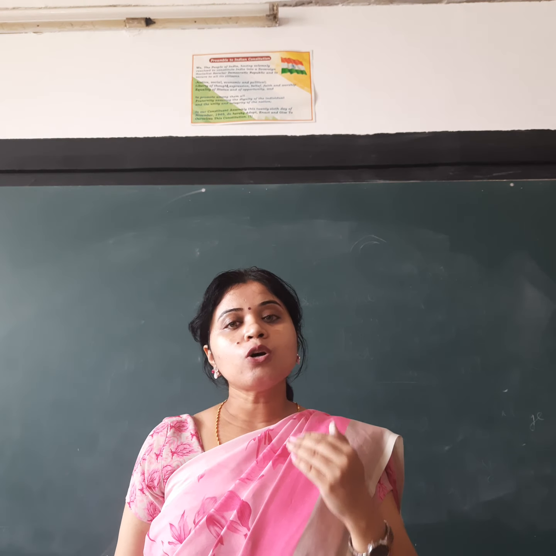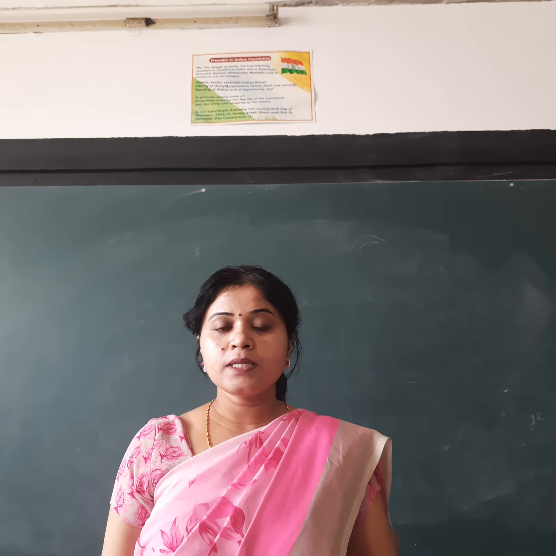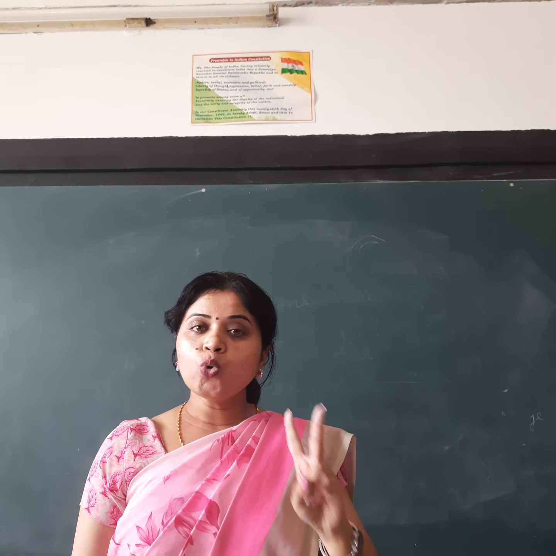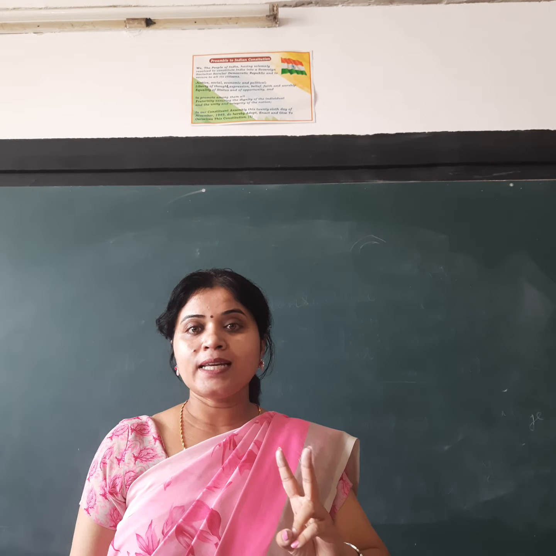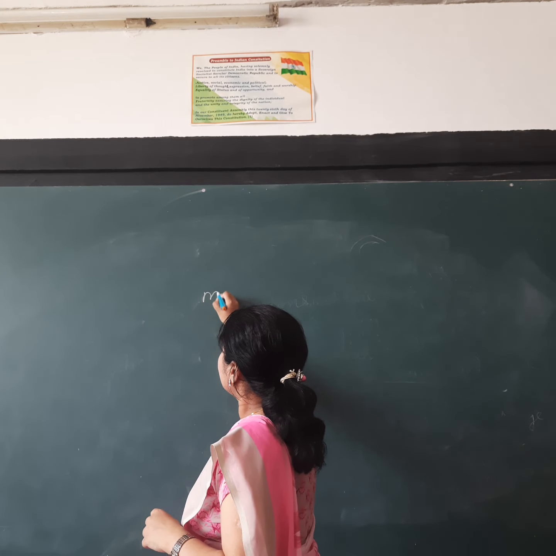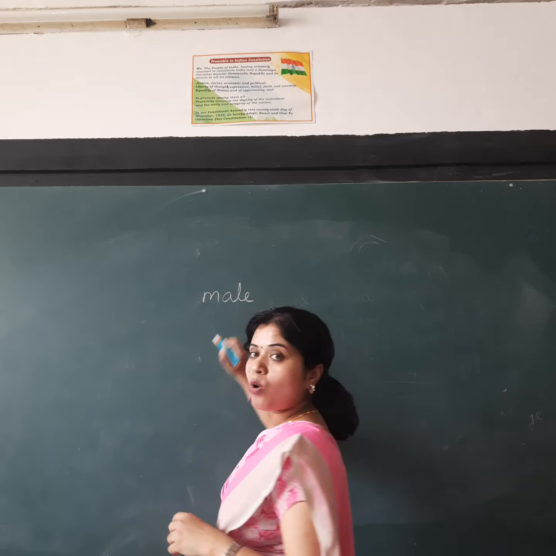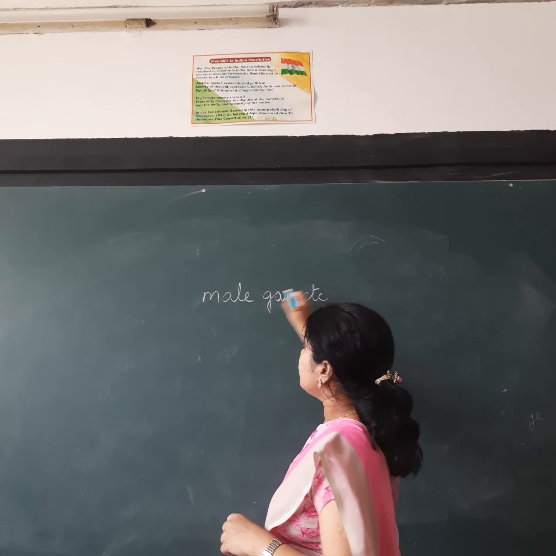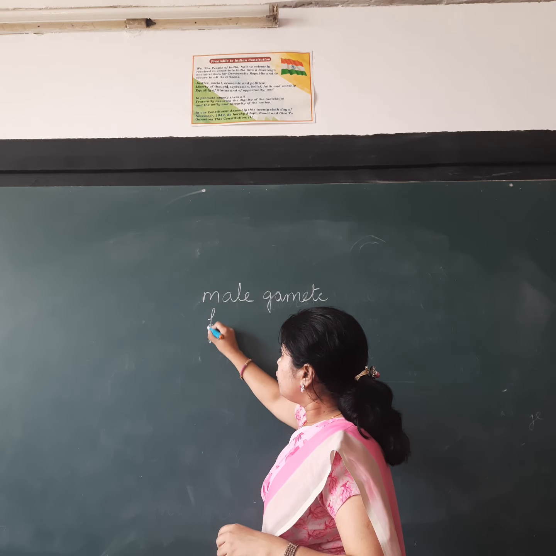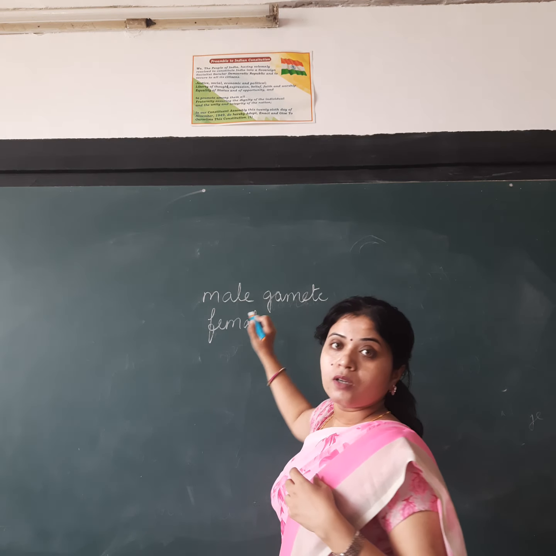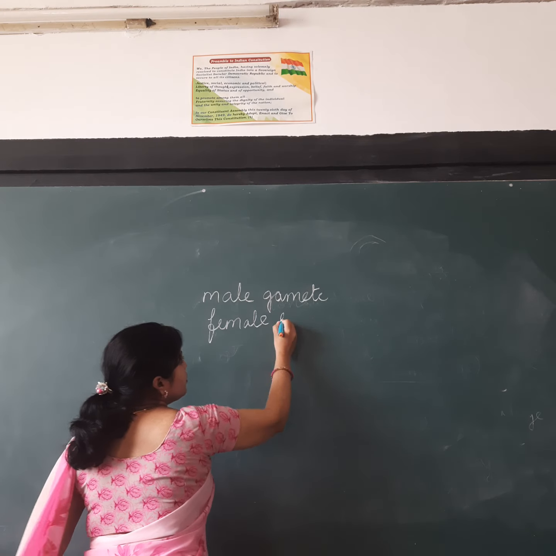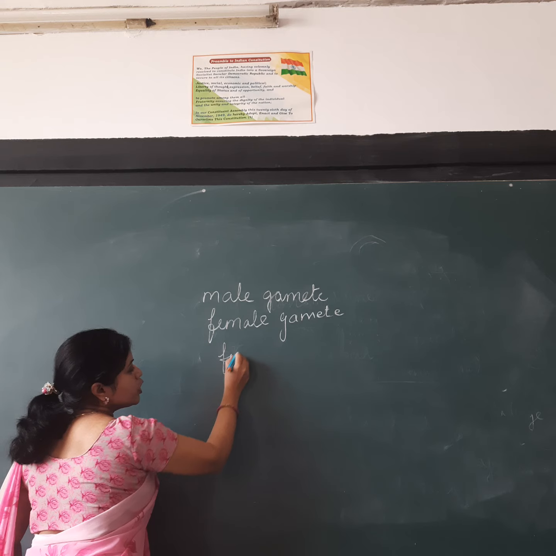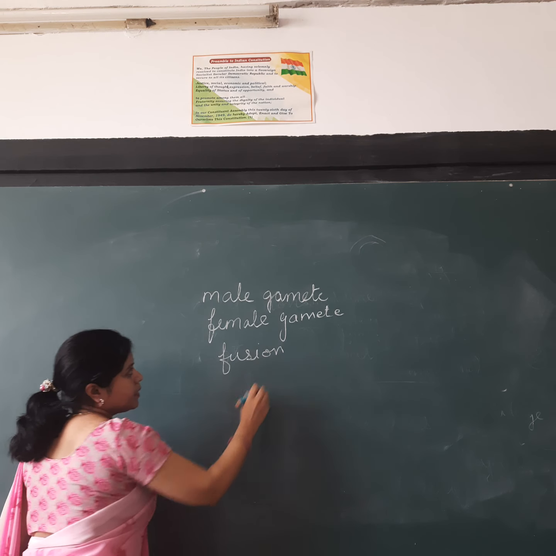Fertilization is also divided into two types, internal and external fertilization. Two conditions are essential for fertilization: first, the presence of the male gamete, and second, the presence of the female gamete, and then the fusion of the two should take place.